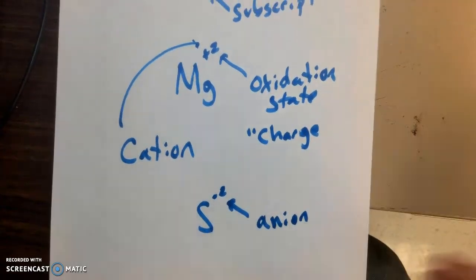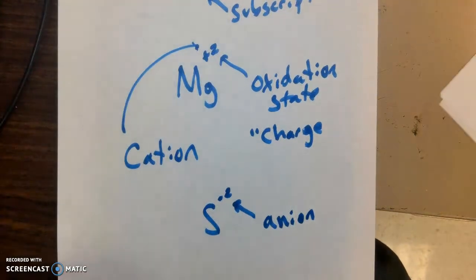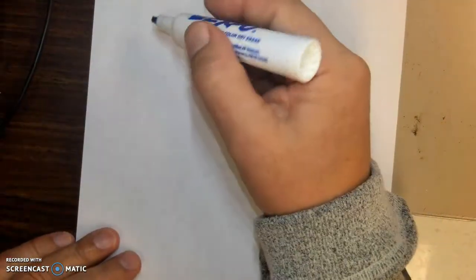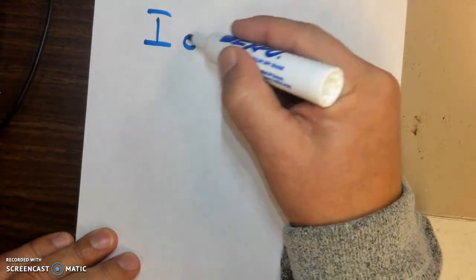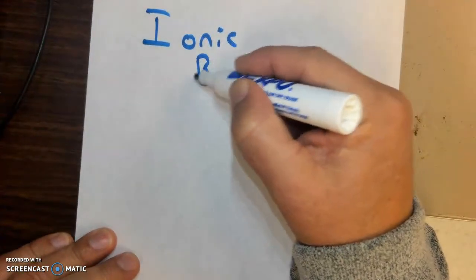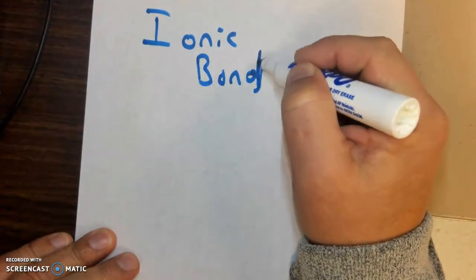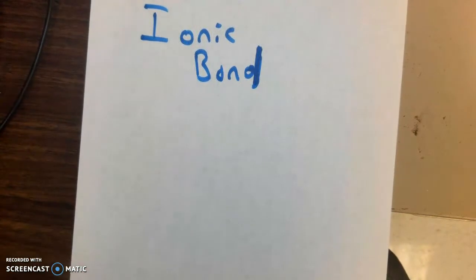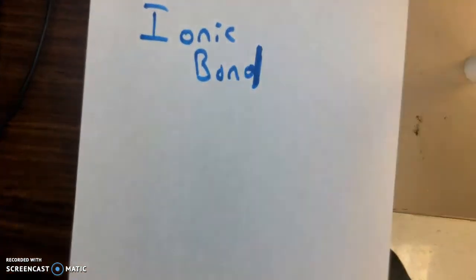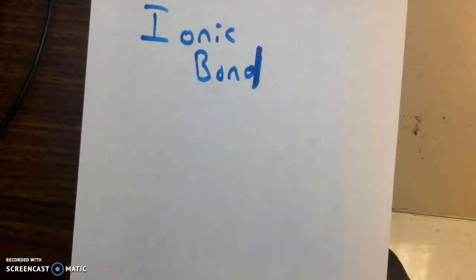So you know that an ionic bond, so far, has involved a metal and a non-metal.